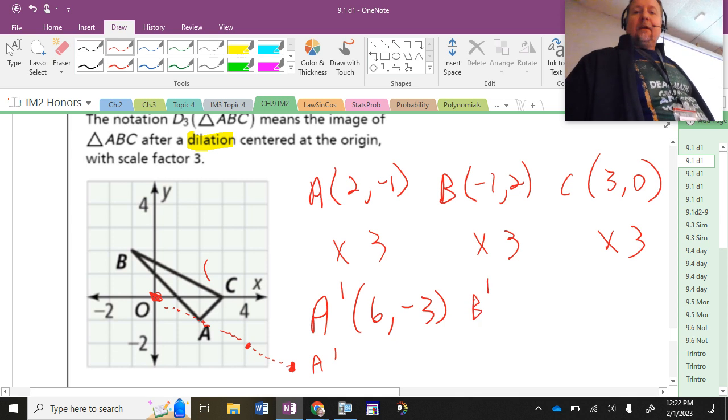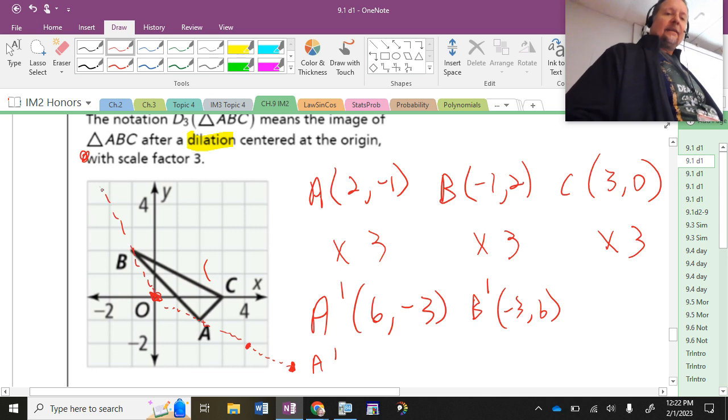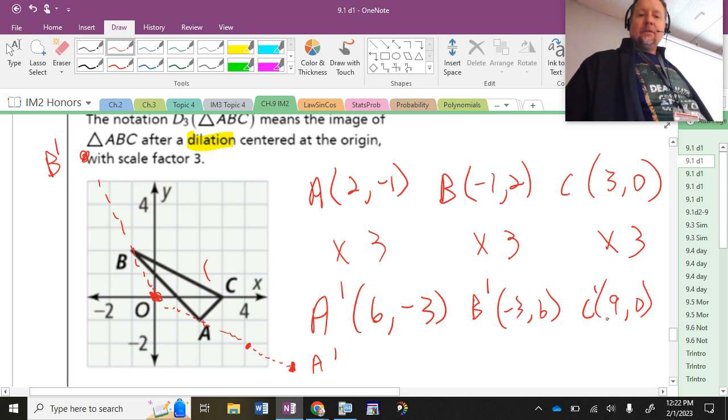So B prime is (-3, 6). So -3, comma 1, 2, 3, 4, 5, 6. We're up here. All right, and then dot, dot, dot, B prime. And then C is 9. 9, comma 0. 5, 6. It's like way out here. I'm in the middle. Hold on.